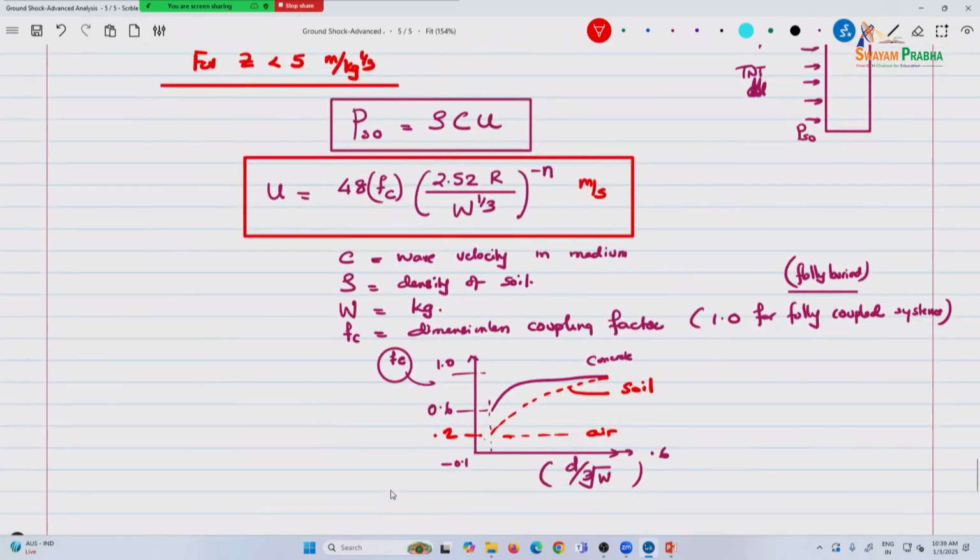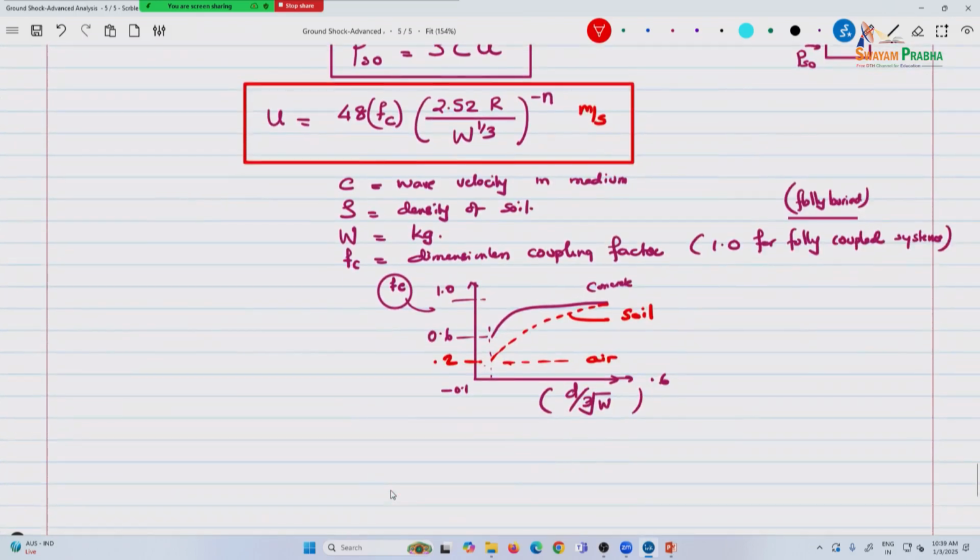So you have the coupling factor, we have the R, W, what is that? Minus N. I am coming to that. So N is what your question was? What is N?